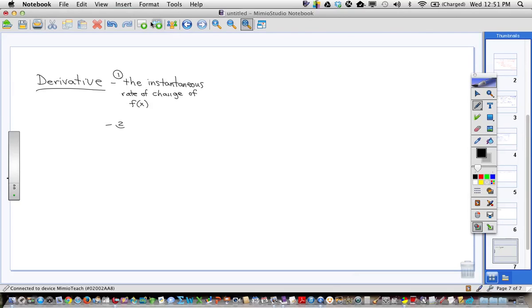Another way to think of the derivative is the slopes of f of x. Those two are interchangeable. If we are working on a story problem that deals with rates, for example, miles per hour, degrees per second, like the door closing, maybe we're selling textbooks and our rate is our profit per book, dollars per book, those are all rates, okay?